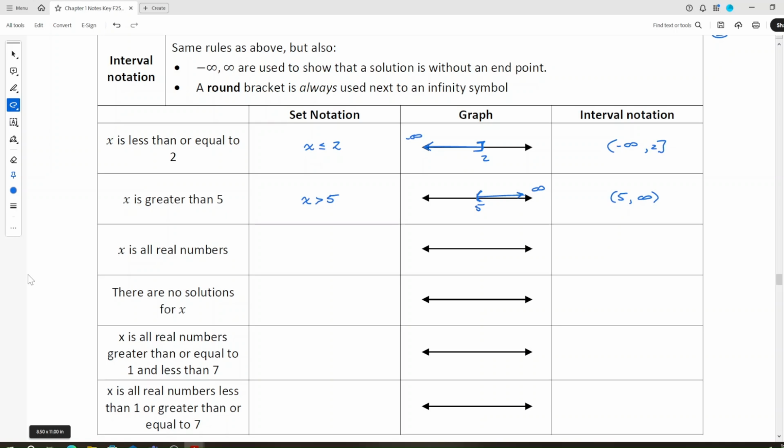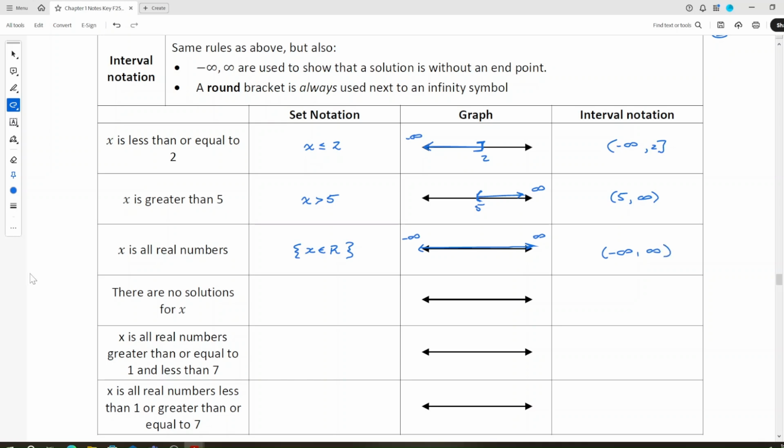When x can be anything, we say x is an element of the real number system. This would be set notation, right? X can be anything. On a graph, it would mean the entire number line from negative infinity up to positive infinity. So we'd go negative infinity up to positive infinity in our interval notation.